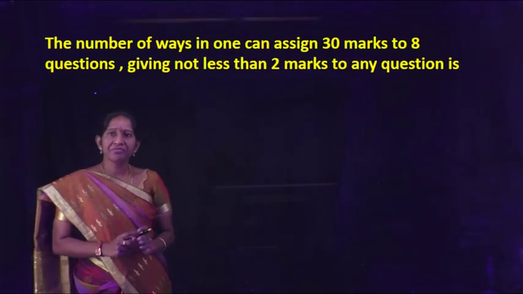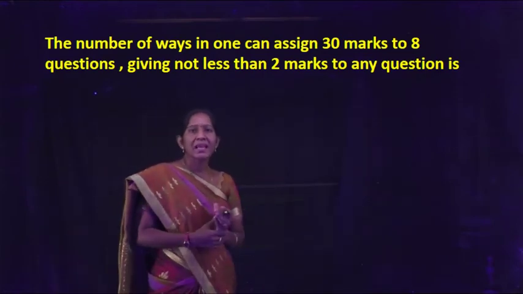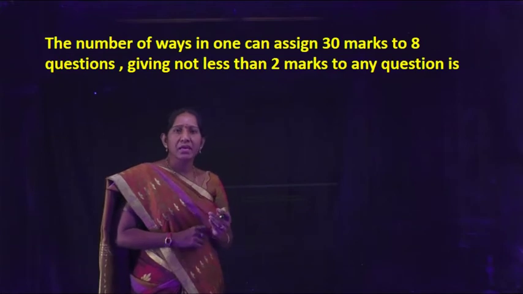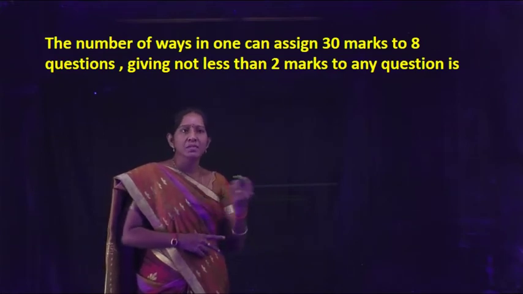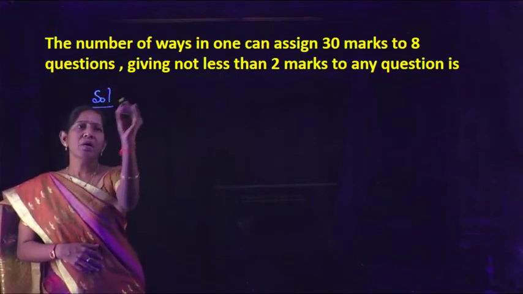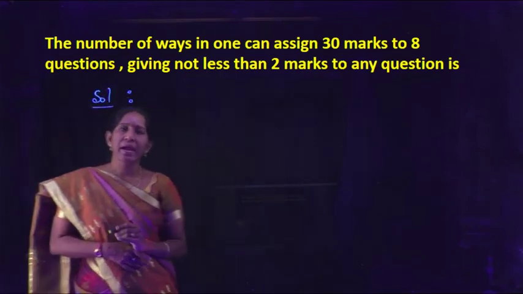The number of ways in which one can assign 30 marks to 8 questions, giving not less than 2 marks to any question. So here given 30 marks can be distributed to 8 questions.